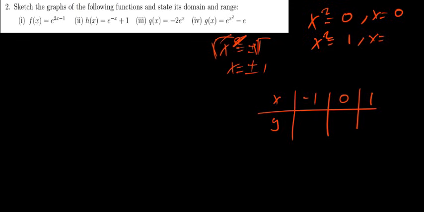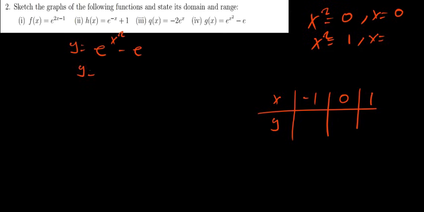Then now let's find the values of y. So y is equal to e raised to the power x squared minus e. y is equal to e to the power of x squared minus e. x is basically -1, but -1 squared is 1, minus e. So e minus e is 0.